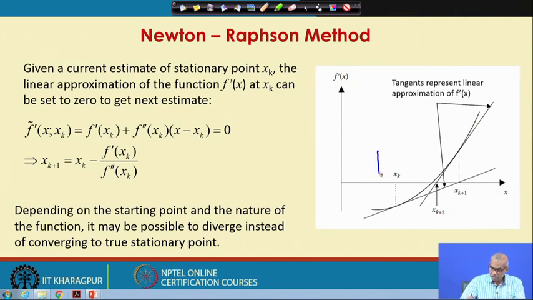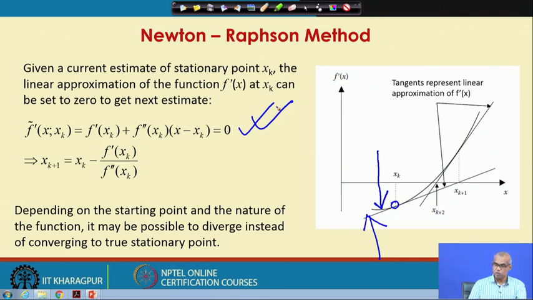So, here this is f prime x function. At x k, you look at this tangent. This tangent is the linear approximation of the f prime x function at point x k, which is obtained by this Taylor series method.